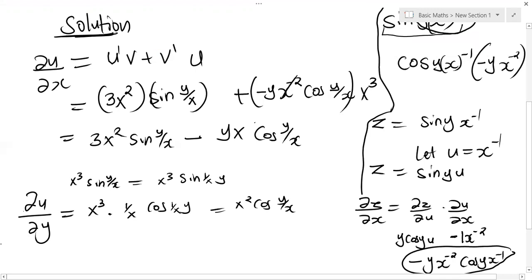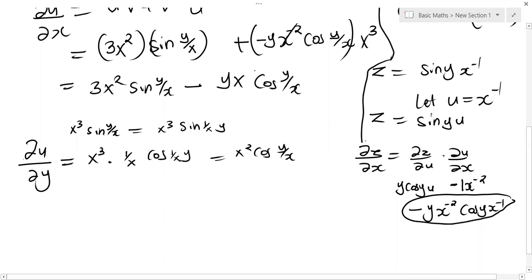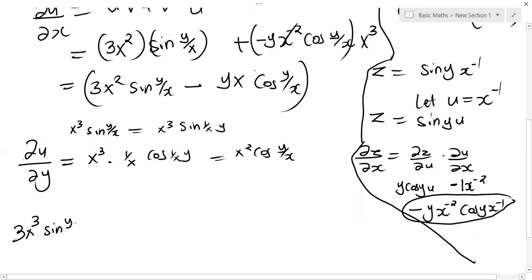Now putting this together, the expression wanted us to show that if you take x del u del x, so we take x and multiply with del u del x, this gives us 3x cubed sine of y over x minus x squared y cos of y over x, plus y del u del y.